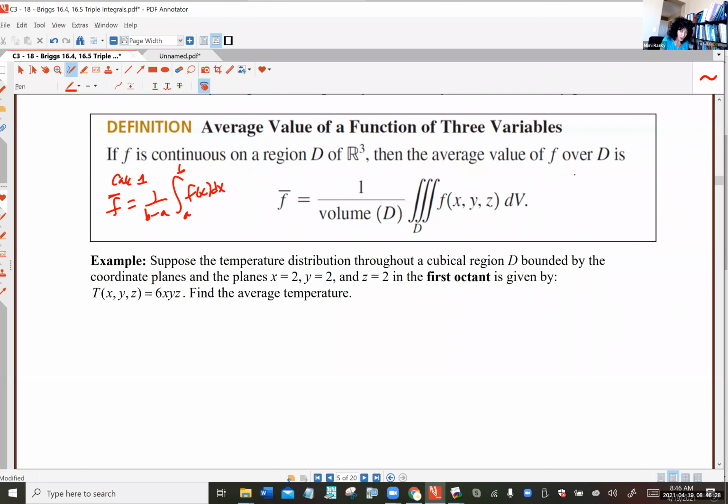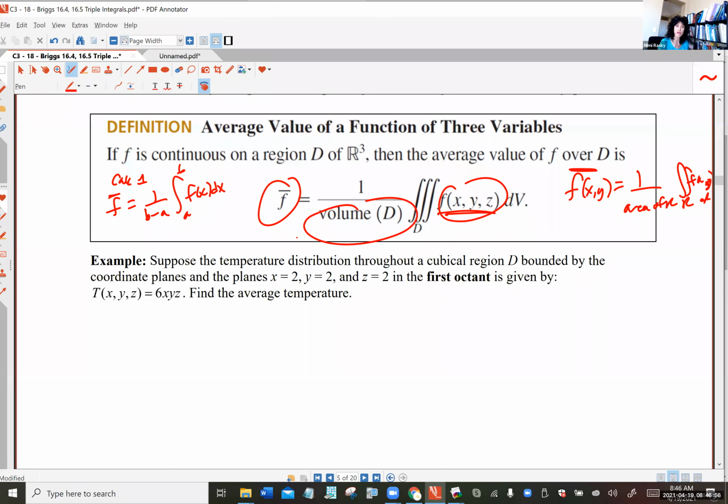And for a function of 2 variables, f bar was 1 over the area of the region R, times the double integral of the function over that region. So in 3D, for a function of 3 variables, f of x, y, z, the average, which you call f bar, is 1 divided by the volume of the solid, because the solid is what you're integrating over.